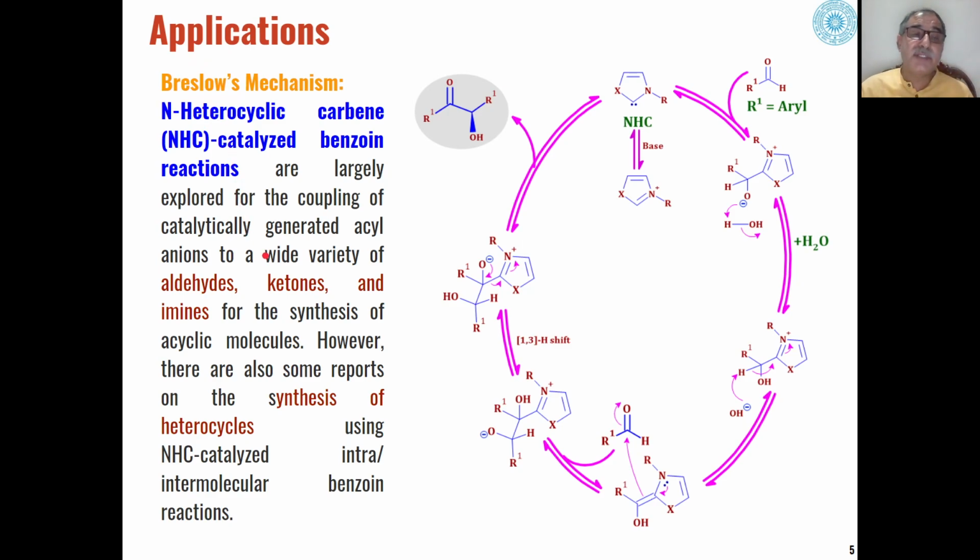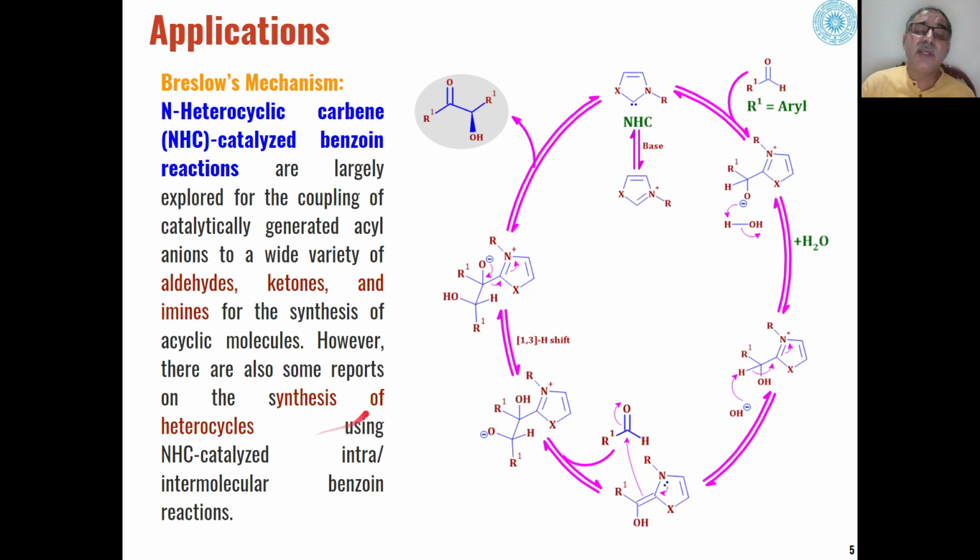And these N-heterocyclic carbene catalyzed reactions are generally explored for the coupling of catalytically generated acyl anions in the case of a wide variety of aldehydes, ketones, and even carbon-nitrogen double bonded compounds like amines also.